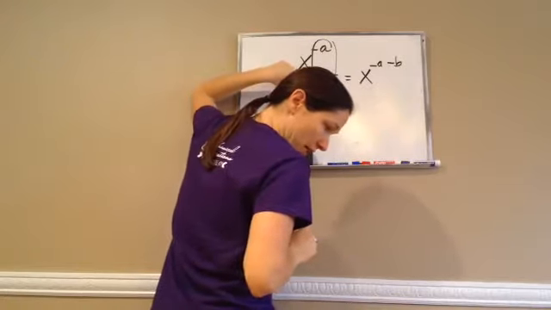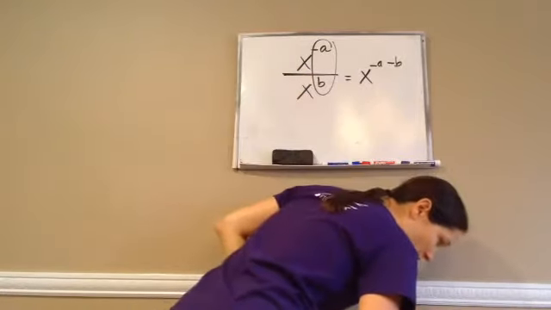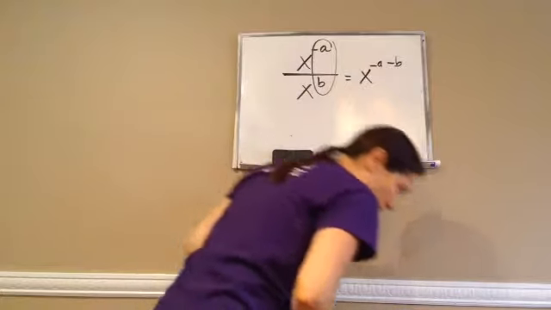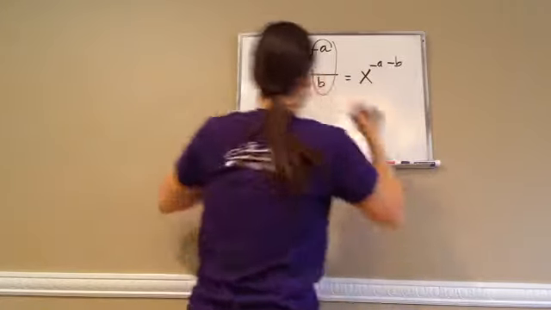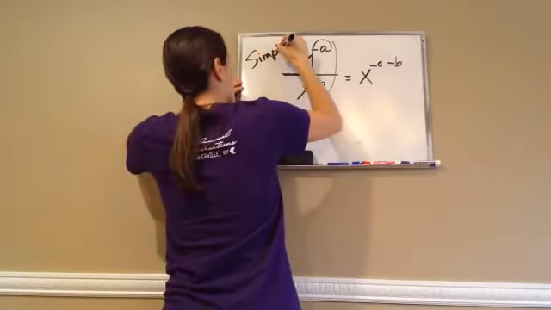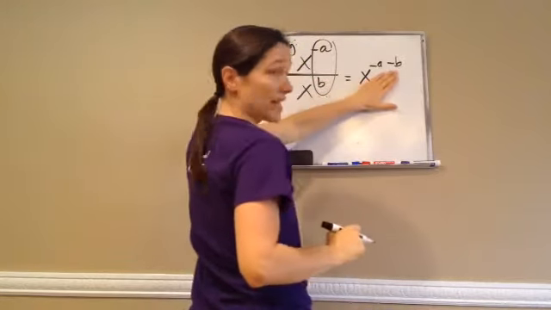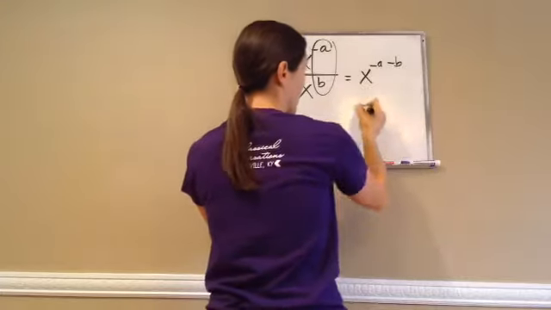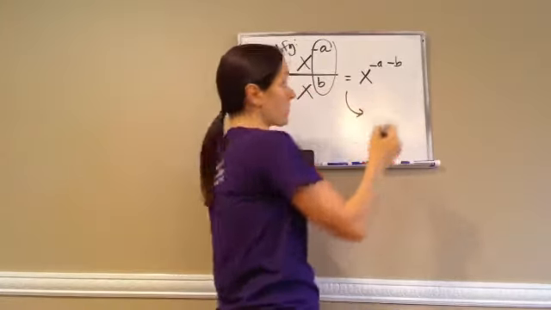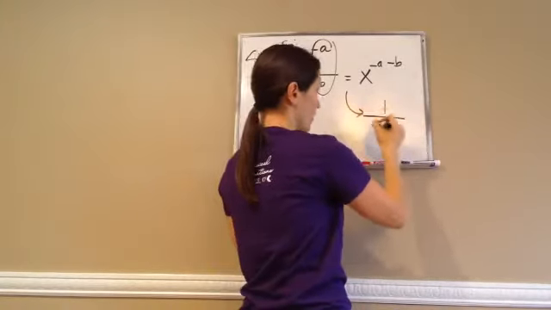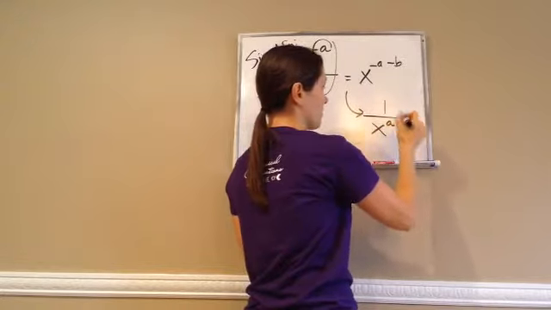Yeah. Okay, and that's actually what you're going to leave it as. But if they were to tell you, actually it just says simplify this, okay? So I want you to know that if they say simplify this, you're going to make it in that form, and then you're going to make it into its opposite form, which is 1 over x to the a plus b.